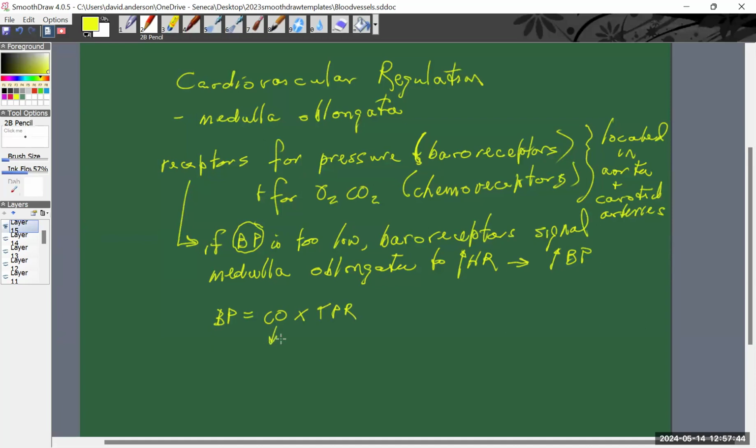And we know that cardiac output is a function of heart rate times stroke volume. So if we increase heart rate, we're going to increase cardiac output, and that means we're going to increase blood pressure. You see how we can use these equations to explain the physiology of the system.